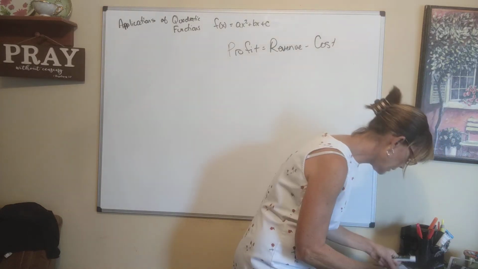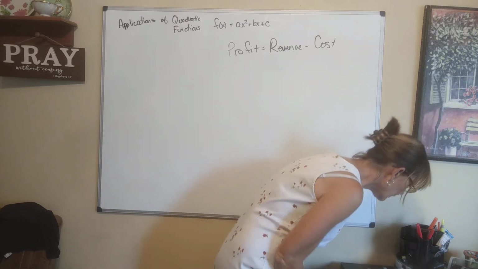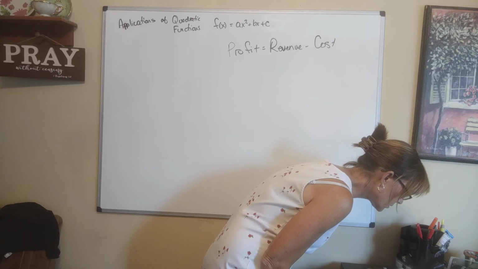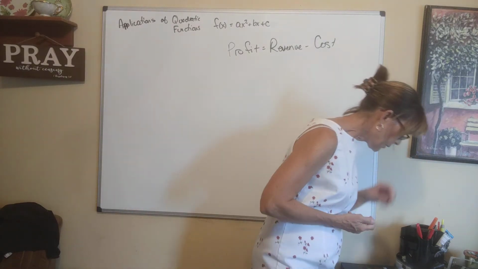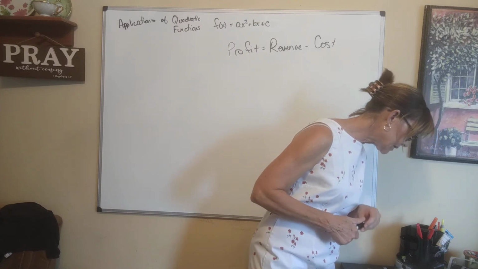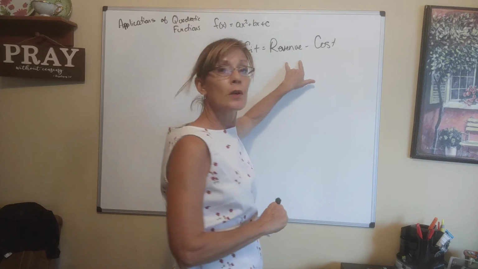Here is one about a company, and it doesn't even give us what it sells, but it just says this: the profit of a company in dollars is the difference, the subtraction, between the revenue and the cost. It just said what I just said right there.